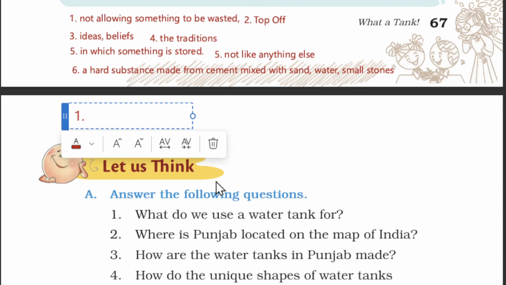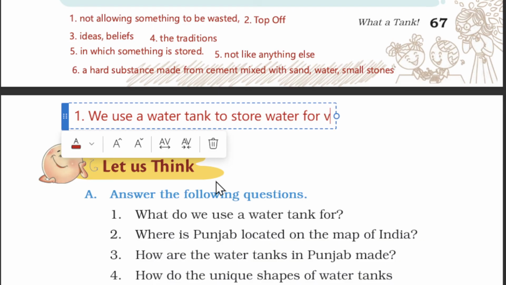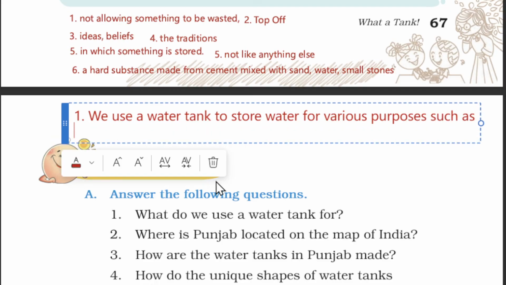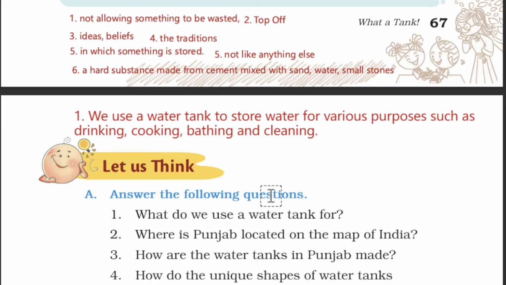So the answer is we use a water tank to store water for various purposes like drinking, cooking, bathing and cleaning, etc. Okay, so we use a water tank to store water for various purposes, or you can write reasons, such as drinking, cooking, bathing and cleaning.